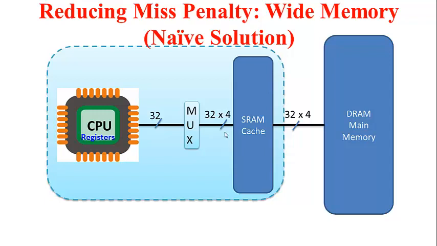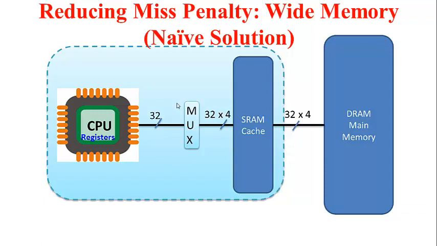So if we arrange like this, then we see that between this chip, which encompasses the CPU and the cache, and the main memory, there are going to be now 128 lines instead of the earlier 32. The second implication is that the processor anyway wants only one word, and if the SRAM cache is going to be 4 words wide, then we need a multiplexer in between to select between the 4 words from the SRAM cache to serve to the processor.